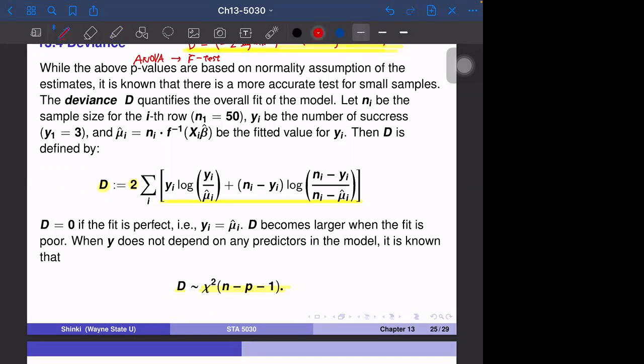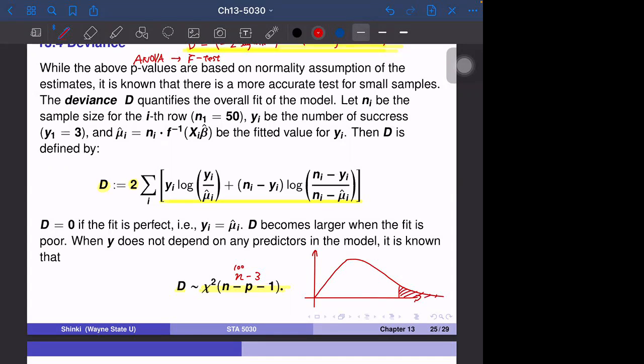That means if we have 2 predictors in the model, then chi-square of n minus 3. The 2 predictors means the 2 predictors plus intercept, so n minus 3. If the sample size is 100, the chi-square of 97. The chi-square distribution is a skewed distribution. With larger degrees of freedom, it approaches a kind of normal distribution, but still we have a heavy-tailed distribution.